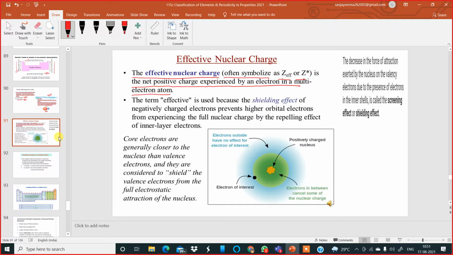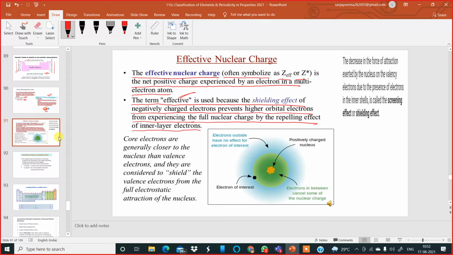The term effective is used because the shielding effect of negatively charged electrons prevents the higher orbital electrons from experiencing the full nuclear charge, by the repelling effect of the inner layer electrons. So that's why we use the word effective.